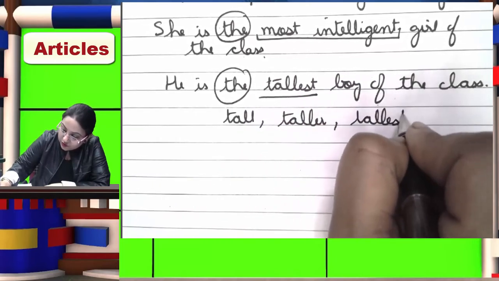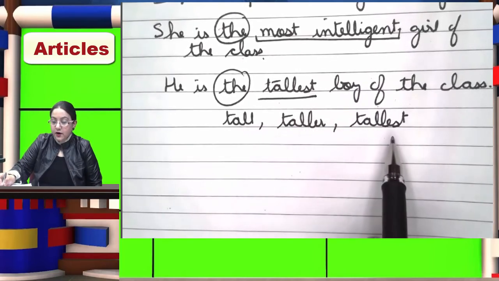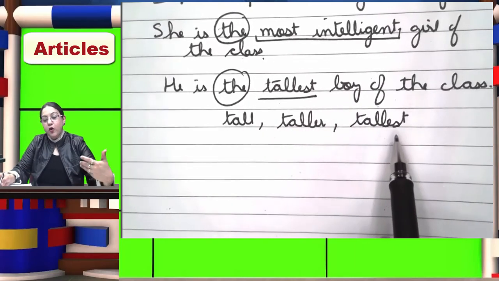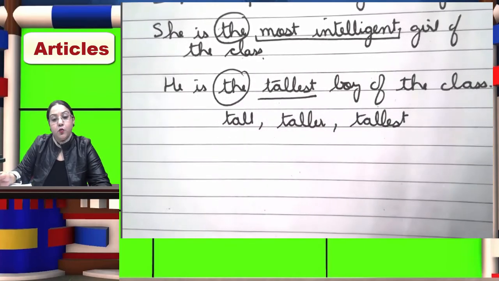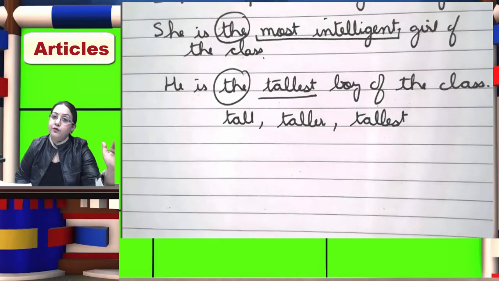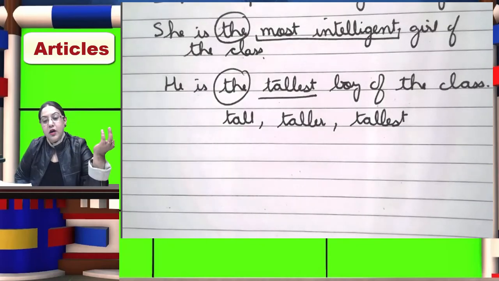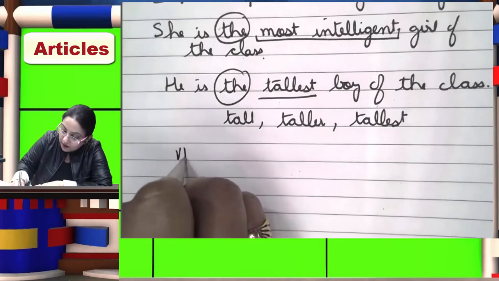So my superlative degree is tallest. Whenever I am talking about this third degree of adjectives, I am using the here. The tallest boy of the class, I am talking about only one special boy. So whenever we are talking about superlative degrees, we use the article the.